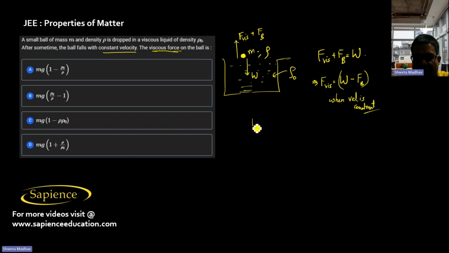So the viscous force will be equal to the weight, which is mg, minus F_b, which is volume into the density of the liquid rho naught into g.